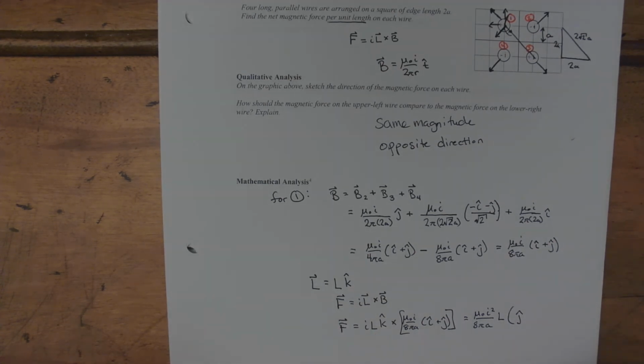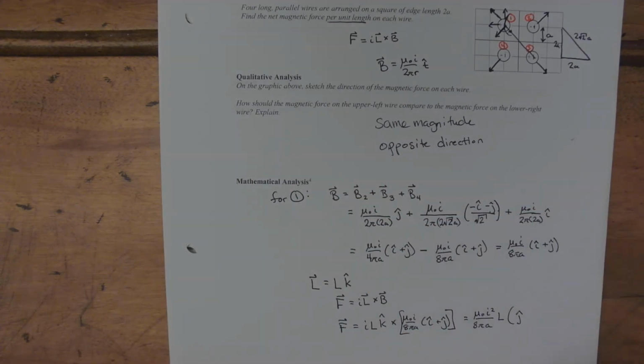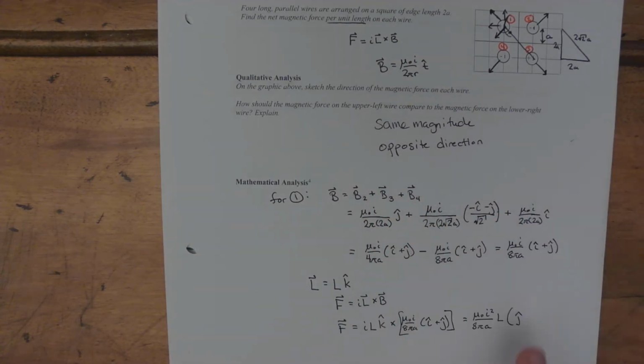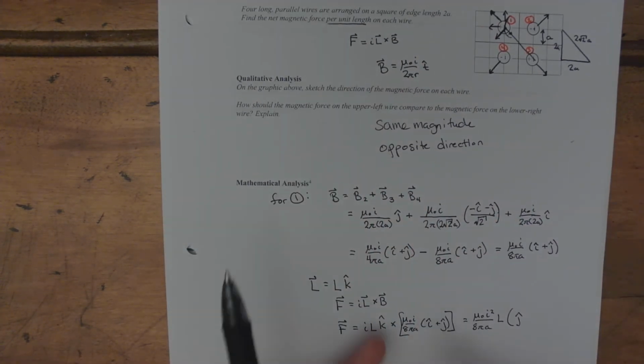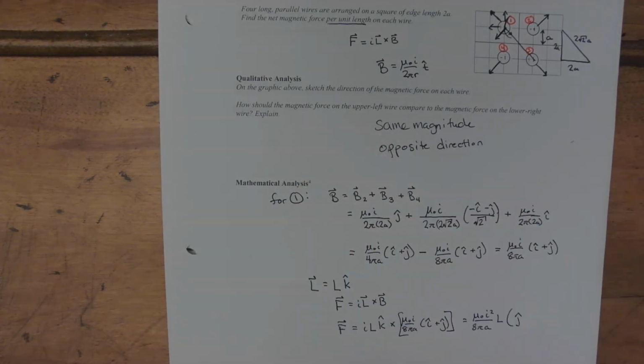You can check on the green sheet of useful information if you need to do that, or you can check with your right hand. So k hat's coming out of the page, I hat's going this way. That gives me a j hat here. And k hat crossed with j hat: k hat's going this way, j hat's going this way. That gives me a negative i hat, and I know k hat crossed with j hat, that's not alphabetical order, does give me a negative i hat.